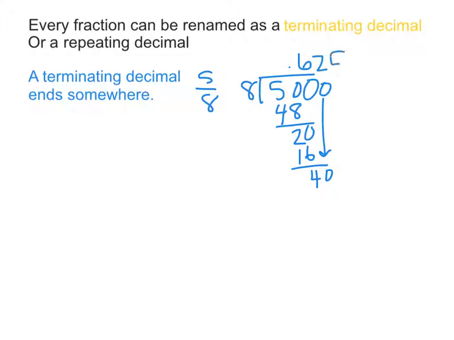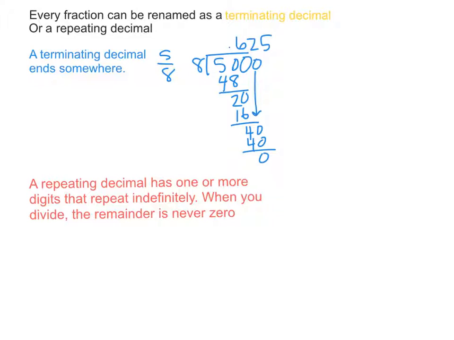And 8 into 40 is 5. So this is a terminating decimal because it ends somewhere, right? It ends at the 5, because after this, it just stops. There's nothing left. Now, a repeating decimal has one or more digits that repeat indefinitely, or basically for a really long time, like we don't know how long. So when you divide, the remainder is never 0.